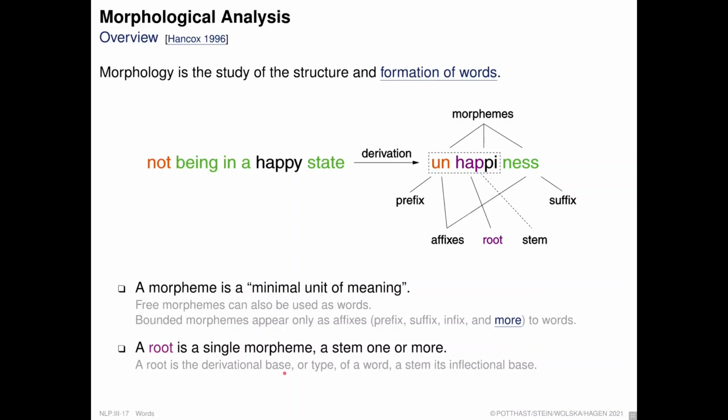You create other words from the root. And the stem is the inflectional base. So you can add other affixes, for instance, to inflect the word in case of inflectable word types, or you can create a word of a different grammatical function, as is the case here. So here, our root would be marked with the purple color here, hap.